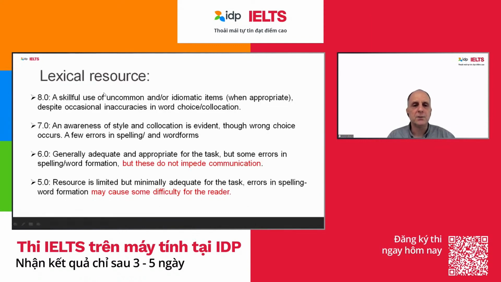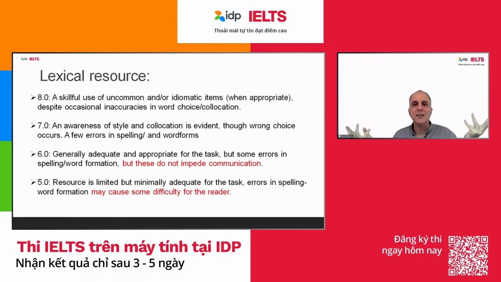Now, some of the lexical resource. So we've got here for that. Be careful about using idiomatic items. For example, things like state of the art. It's obviously an adjective phrase, slightly idiomatic, but it doesn't mean like saying once in a blue moon.